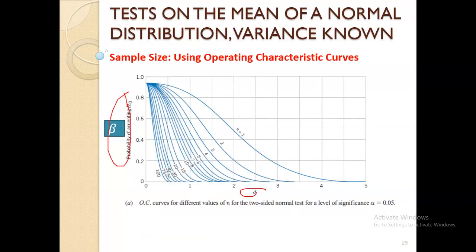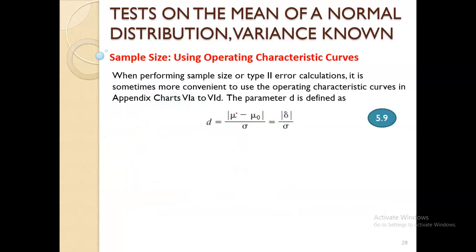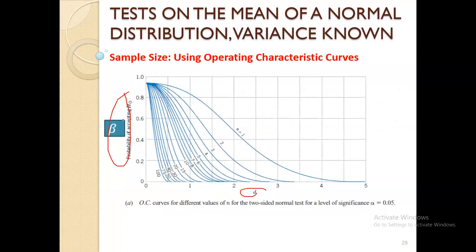You know the difference. The difference is defined as mu minus mu zero divided by sigma, or delta divided by sigma, using the absolute value. If you know beta, you can estimate n, where n equals 1, 2, 3, 4, 5, 6, like this.